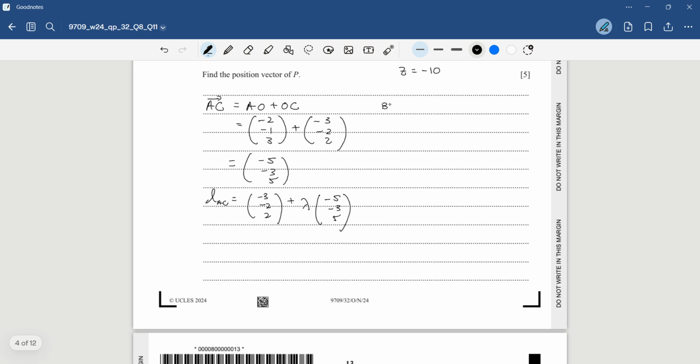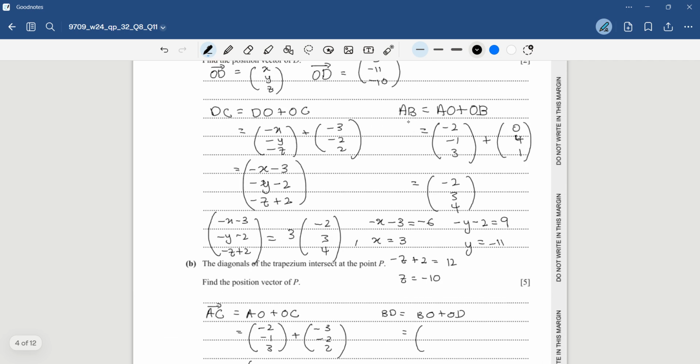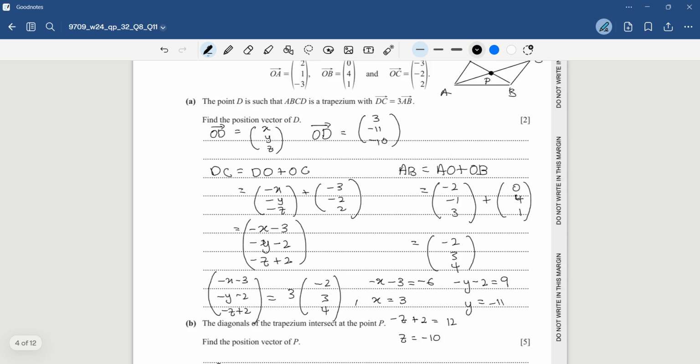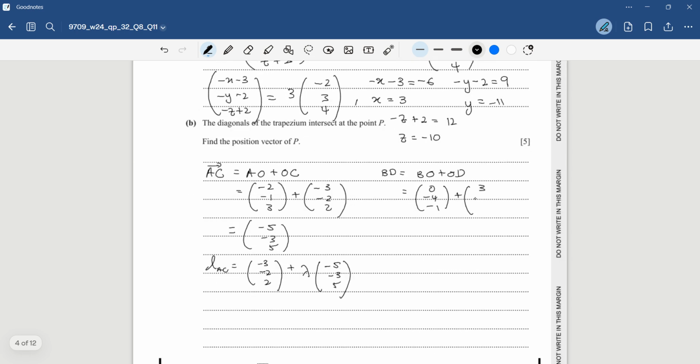Okay, so BD will be BO plus OD. OB is 0, 4, 1, so BO is 0, negative 4, negative 1. And OD, I just found here, which is 3, negative 11, negative 10.